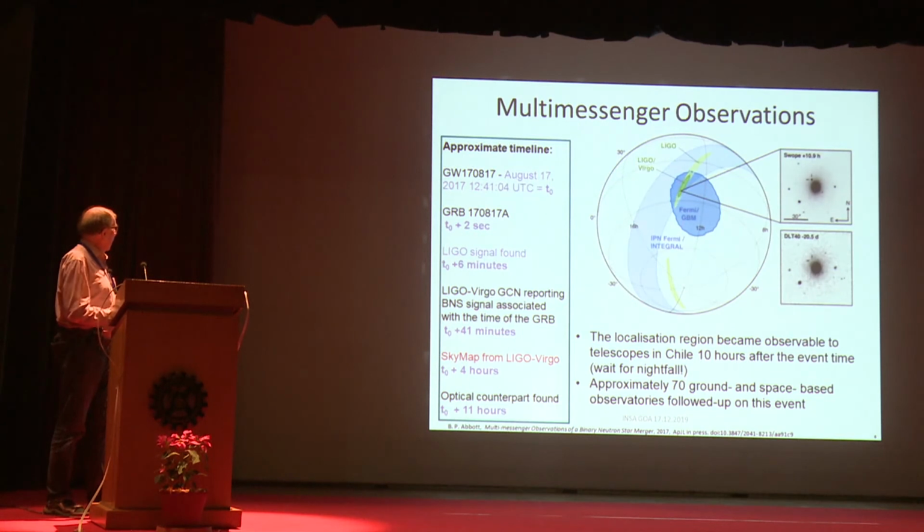And then the optical telescopes started to look at this sky map, and they found an optical event, a flare, which happened in a certain galaxy. This region is fairly small, but still it contains many, many galaxies.